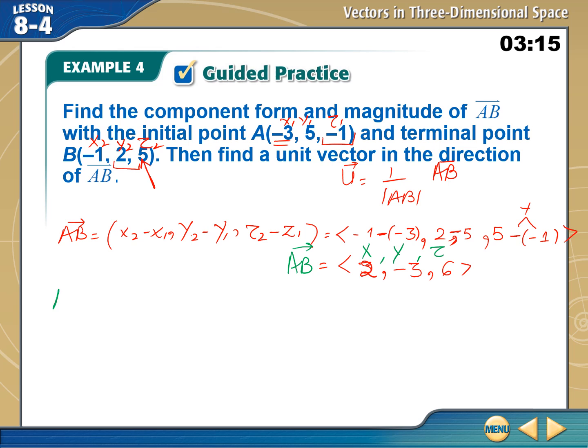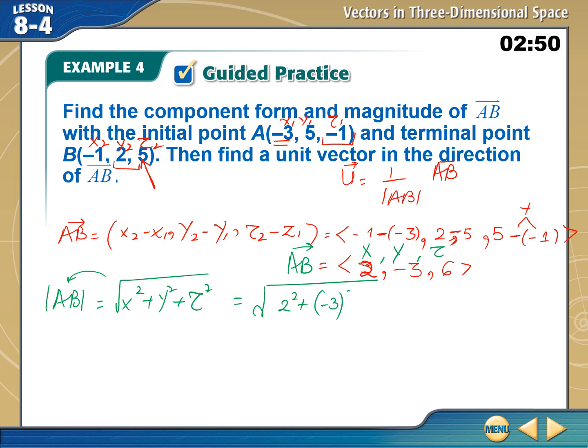Now find the magnitude of AB. So the formula is the square root of x square plus y square plus z square. The AB vector's components are named as x, y and z, so put them in this formula. x is 2, so 2 is squared. y is negative 3, so negative 3 squared, plus z is 6, 6 is squared.